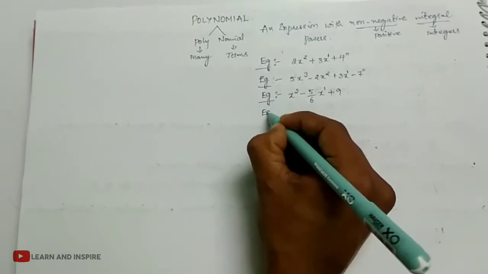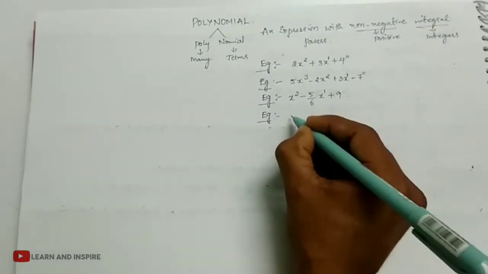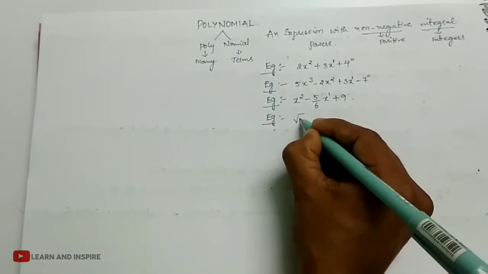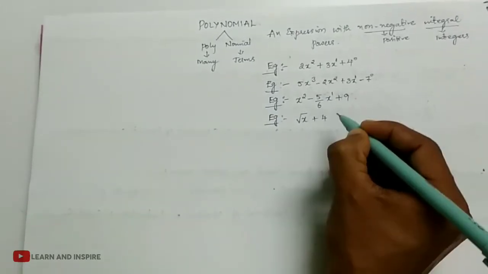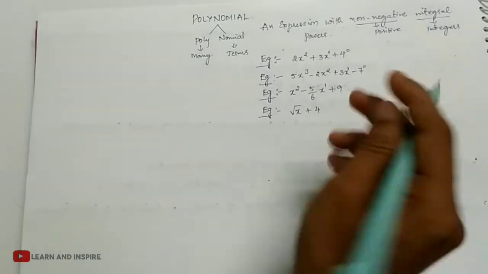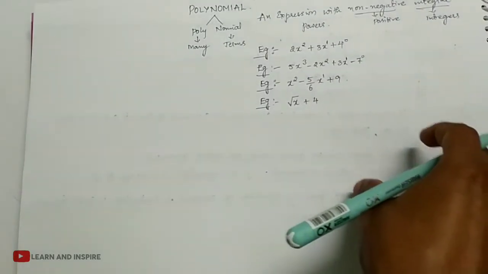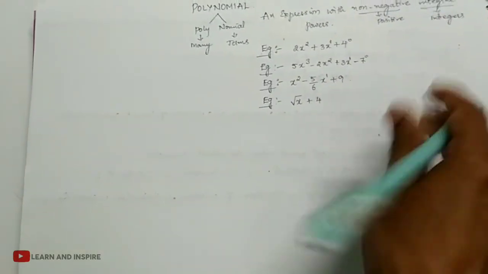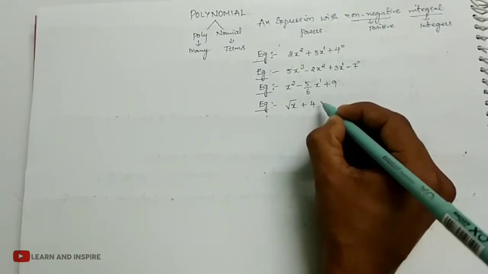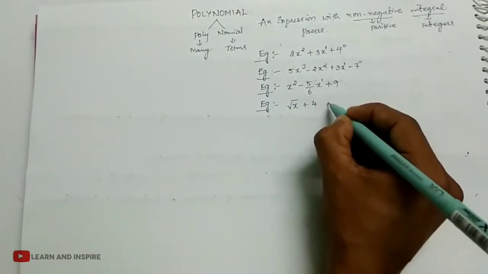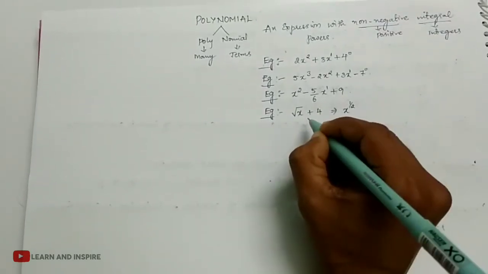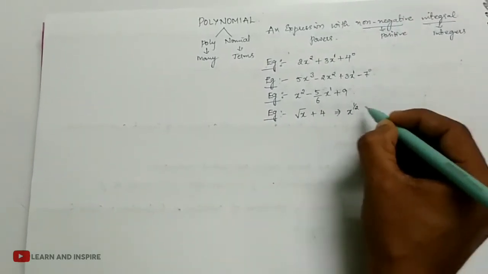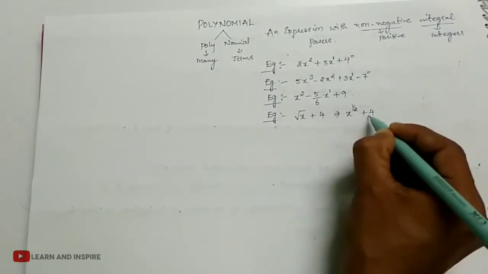Now I take one more example. Root x plus 4. Is this a polynomial? No. We can say that it is not a polynomial, because root x can be written as x power 1 by 2, plus 4.